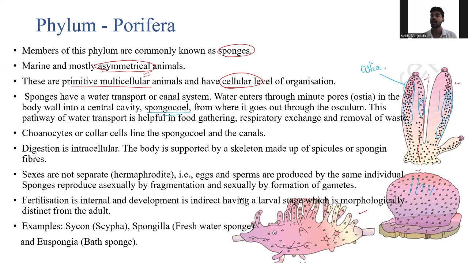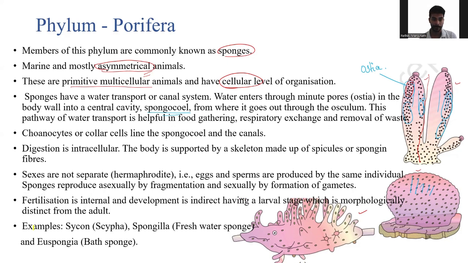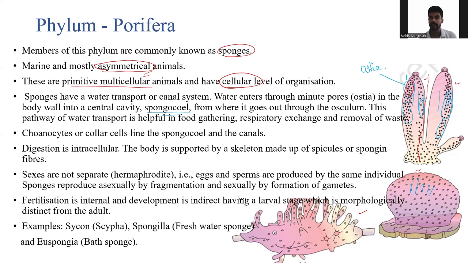First, how does the water enter? Water enters through the minute pores called ostia in the body wall, into the inner central cavity, which is called the spongocoel. Clear?